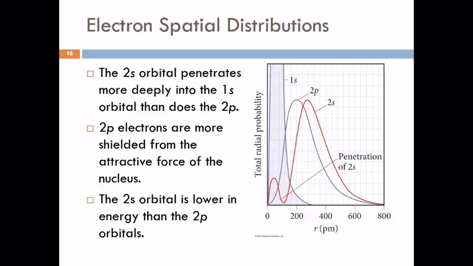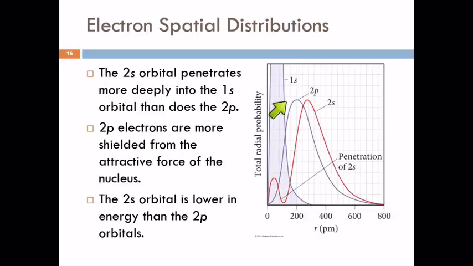Does that make sense? So an electron in this red, this 2s orbital, could be over here and be much closer to the nucleus. It's going to feel a higher amount of attraction. So that's going to be a better situation for an electron to be in. It's a lower energy situation.